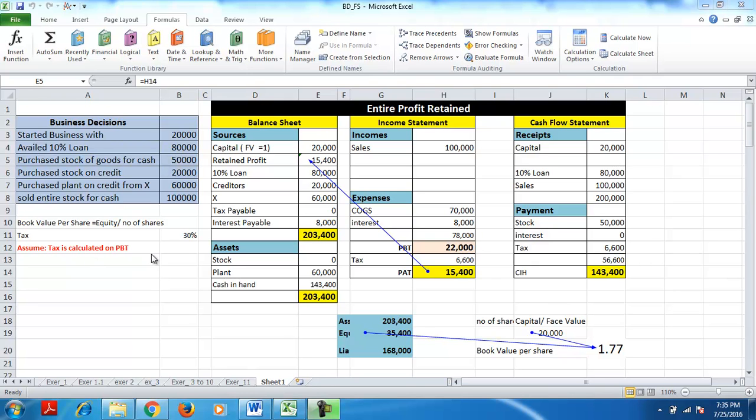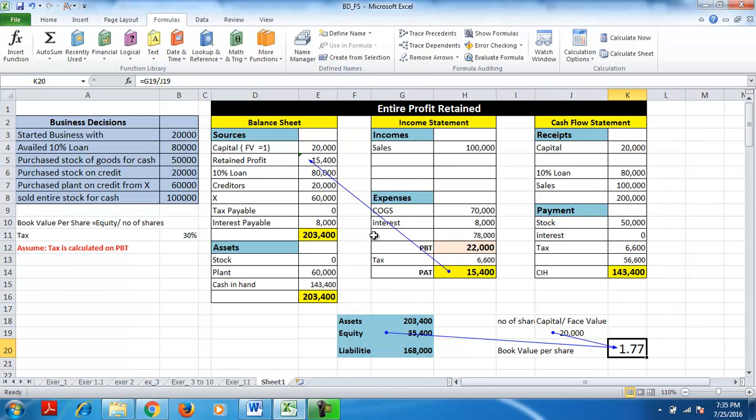We wanted to understand the impact of decisions on the book value per share, and the book value per share is equity by number of shares. And we saw that these decisions, when they converted into financial statements with an assumption that the entire profit is retained, the book value per share is 1.77, which is equity divided by number of shares, and equity is equal to capital plus the retained profit.